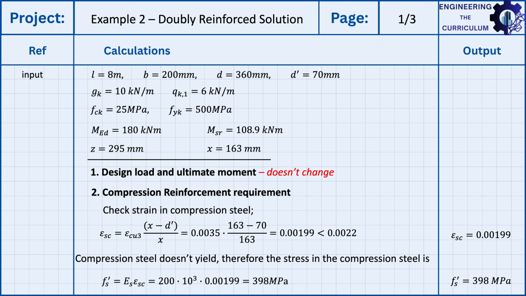And that means that the compression steel hasn't yielded, and therefore the stress in the compression steel is along the linear line going up to yield, which gives us a value of the modulus of elasticity of steel, Es, times the actual strain that we've just found. So in this case, 200 gigapascals times 0.00199, and that gives us a strength of compression steel of 398 megapascals.